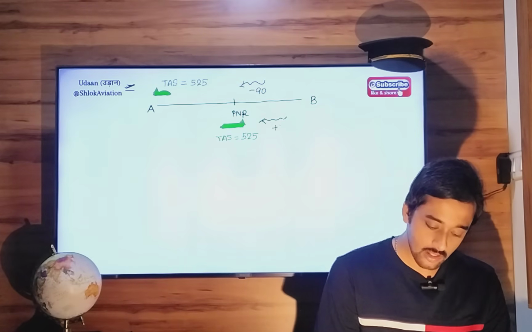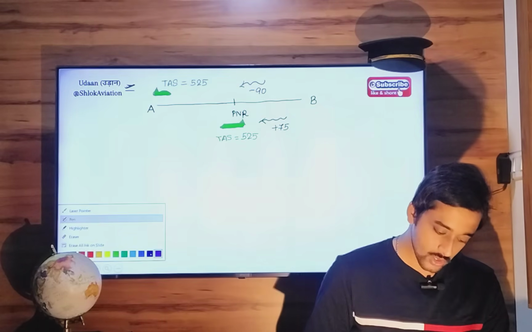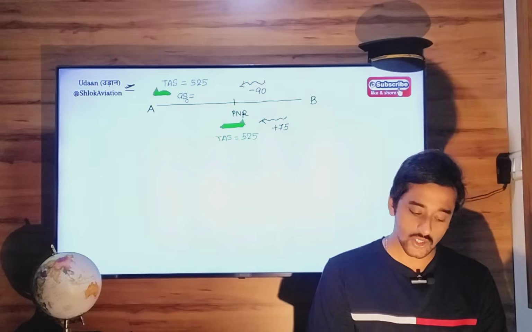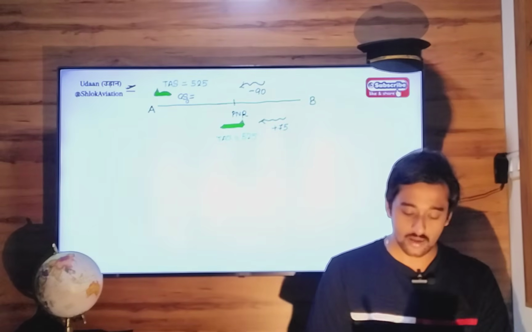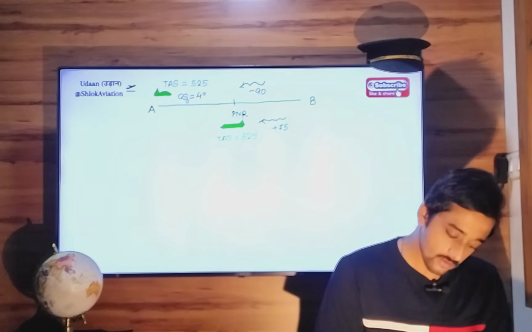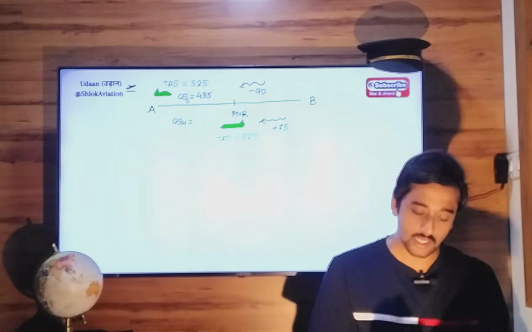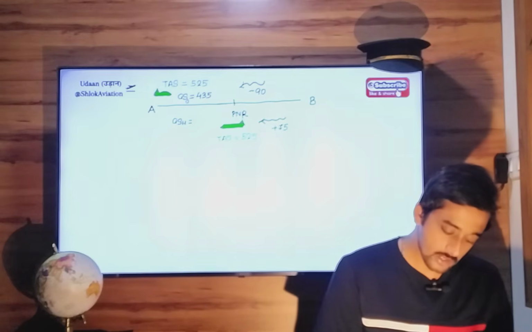So outbound ground speed will be TAS minus headwind. So 525 minus 90 is equal to 435. Ground speed homebound will be TAS plus 75. 525 plus 75 equals 600.